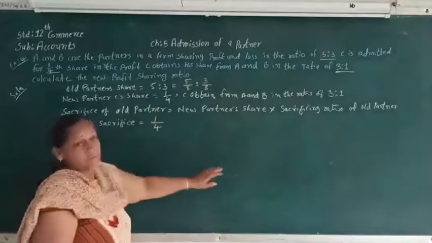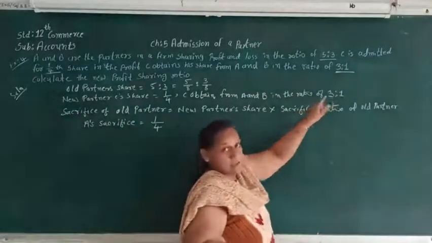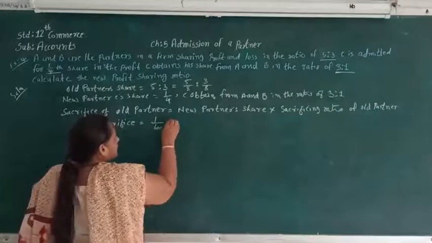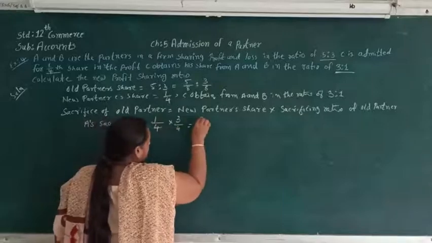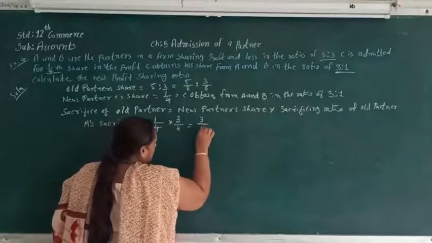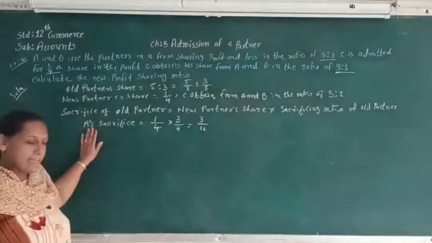A's sacrifice is equal to 1/4 times 3 by 4. So that will be 3 by 4, and 3 ones are 3 and 4 fours are 16. So this is A's sacrifice.